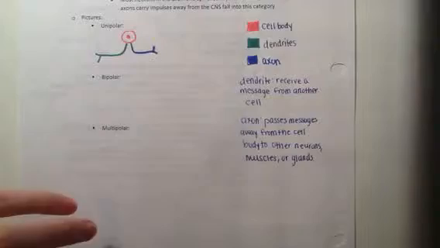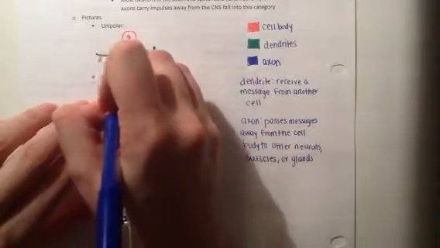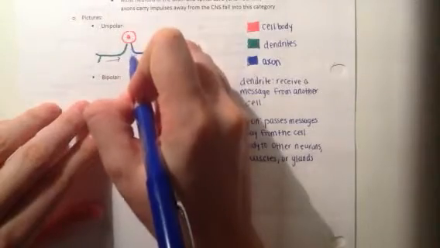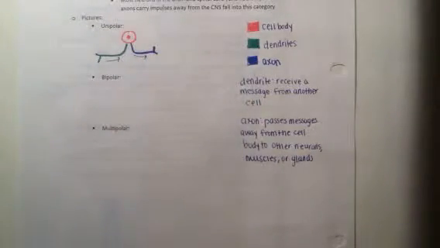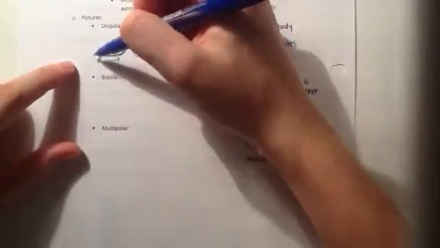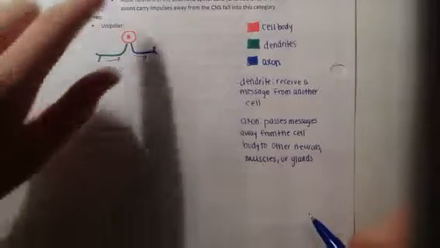Okay, so the impulse here is going to come in from the dendrite to the cell body and then down the axon. So there might be another cell over here talking to the dendrite. It goes to the main cell body and then out the axon. That's for a unipolar shape. Those are found in neurons that are going towards the central nervous system, towards the brain or the spinal cord.